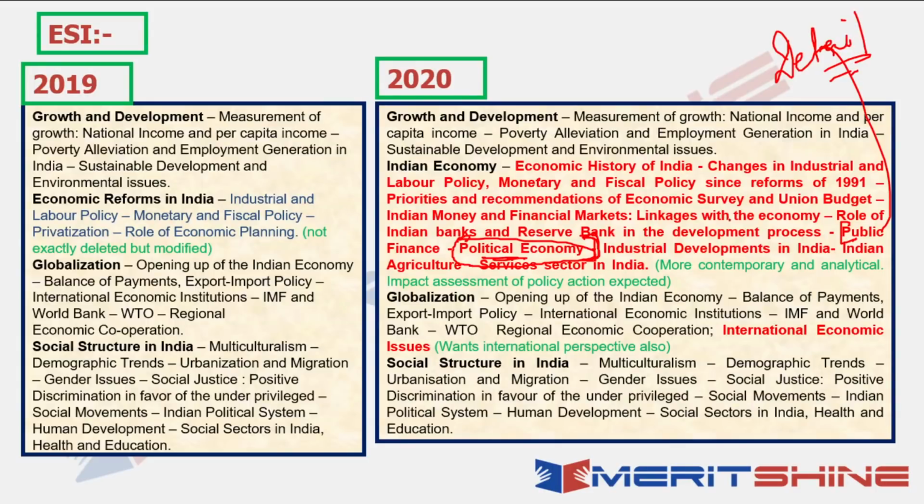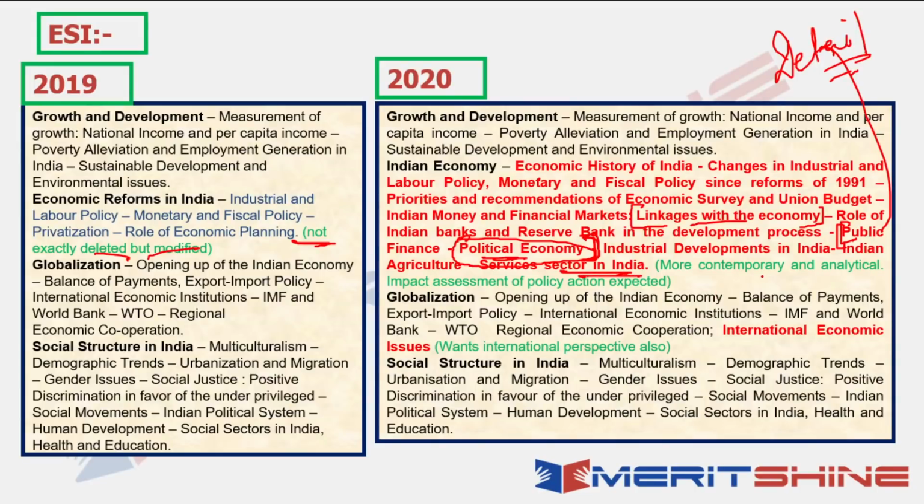Now see, till now, apart from linkages with the economy and public finance and political economy, most of the stuff is stuff that you are already doing, but under a different name or a different heading. Okay. And that's why I wrote in here, not exactly deleted but modified. Industrial developments in India, Indian agriculture, services sector in India.